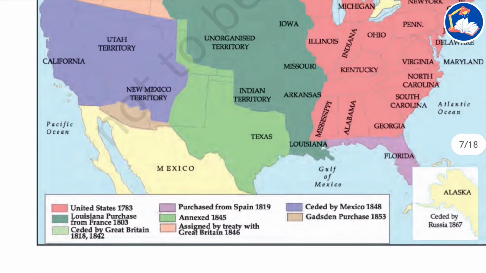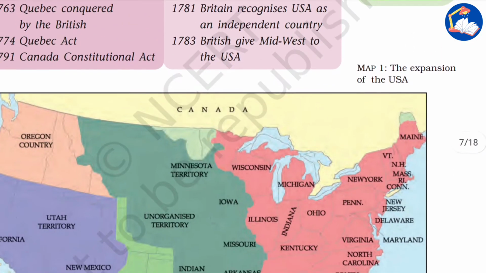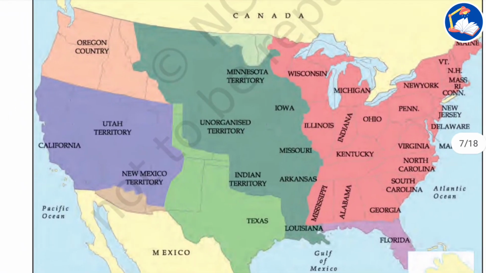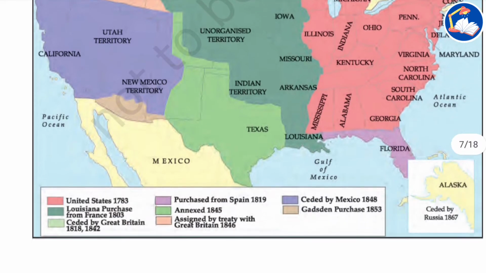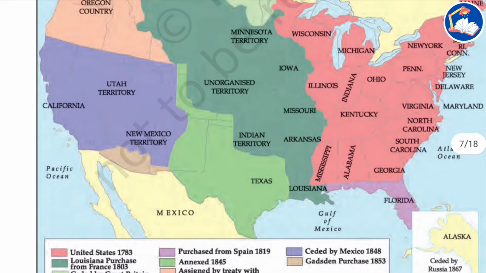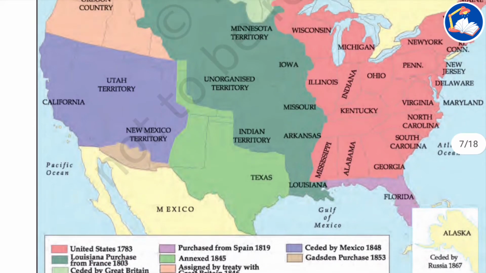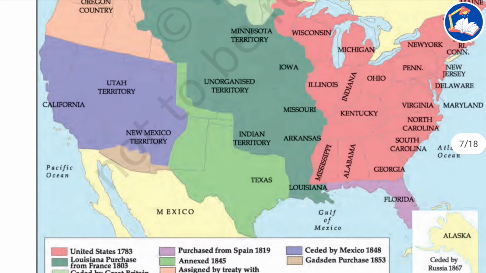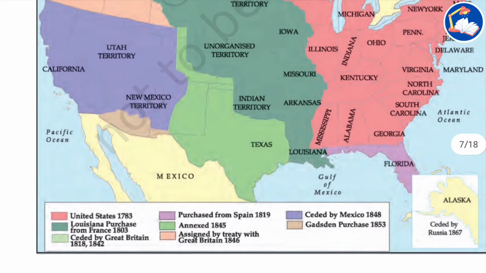And here we can see the expansion of the USA. We'll be discussing it in the coming sessions, and I'll just explain through it. In 1783, which is in red color, this was actually the United States. Then Louisiana, in dark green, was purchased from the French.